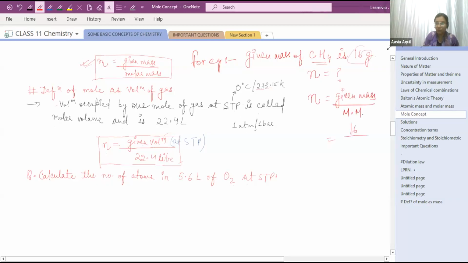And what is the molar mass of methane? 12 plus 4, again 16. So 16 divided by 16 will give you 1. So the number of mole will be 1. Clear? 1 mole. So that's how we calculate the number of moles using this formula if the mass is given.